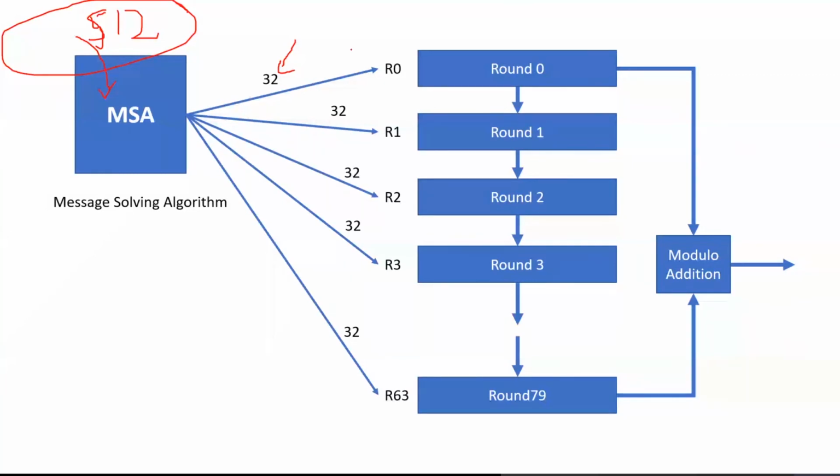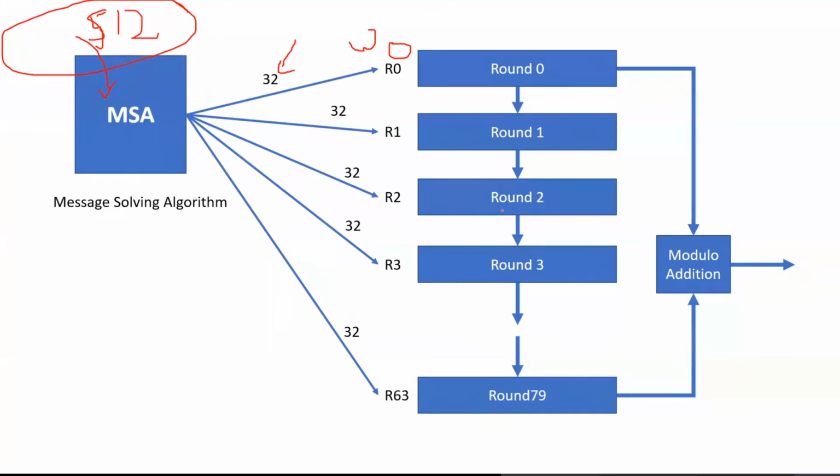Each word, word 0 to word 15, will be fed to each round. So word 0 is fed to round 0, word 1 is sent to round 1, word 2 is sent to round 2 and so on. We'll exhaust all the words at round number 15, because there are only 16 words.